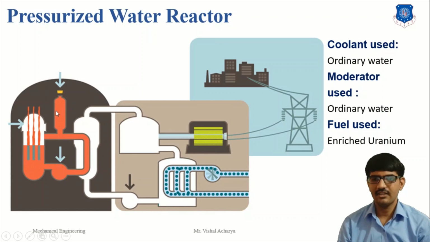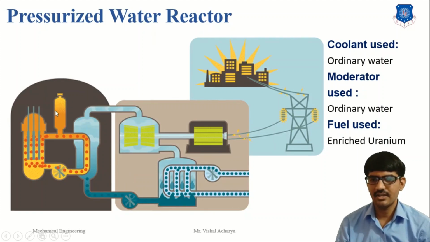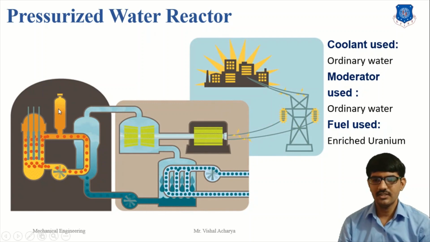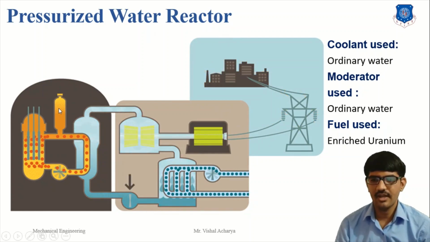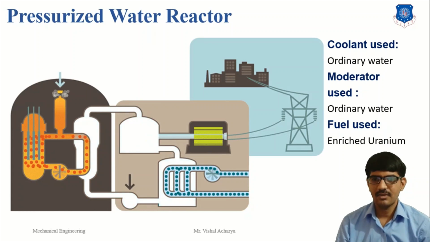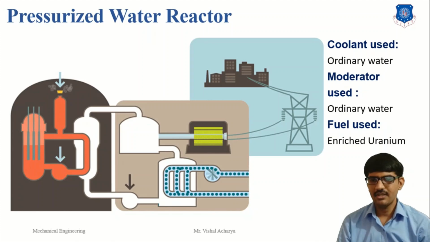When starting, we require some pressure, so pressure is provided by the electrical heater, which converts water to high pressure steam. When the load decreases and we require less pressure, we spray the water in the upper part of the pressurizer tank.